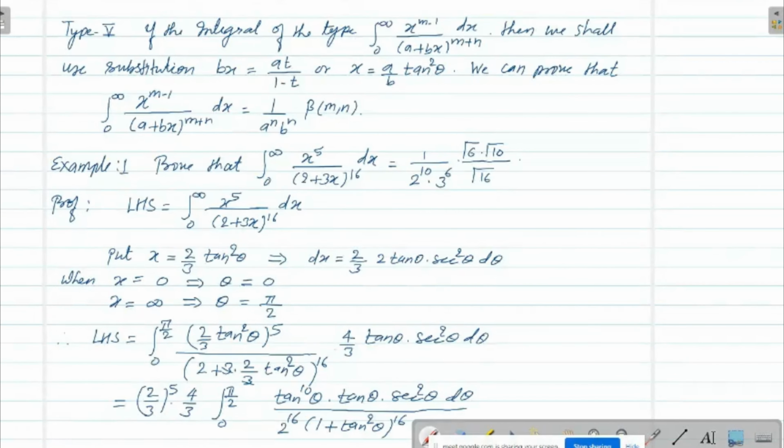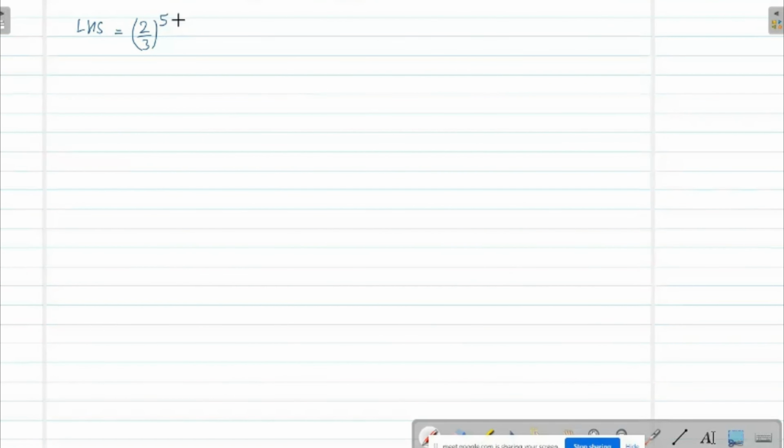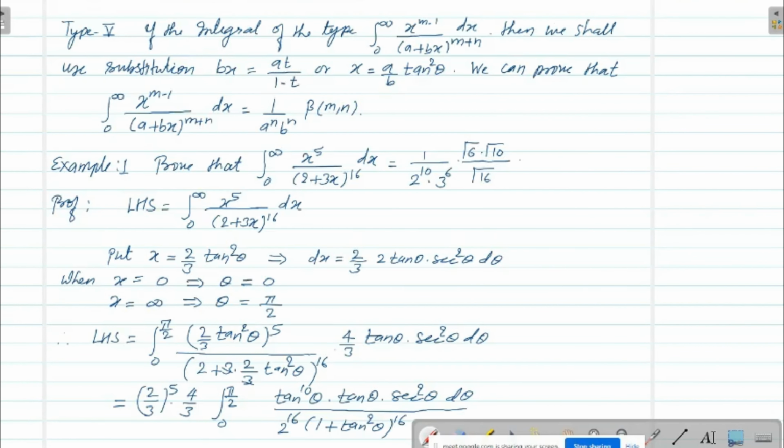So left hand side equal to what? In the previous page, (2 by 3) raised to 5, then 4 by 3, integration with limit 0 to pi by 2. And what is the upper?